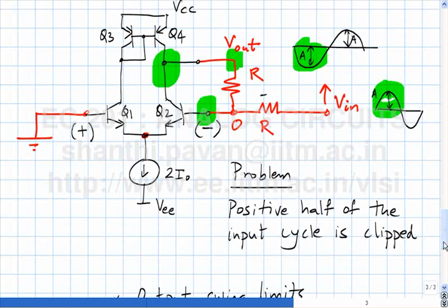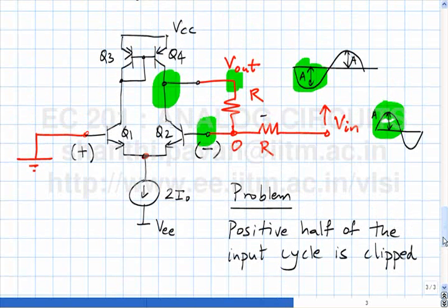The reason why the positive half of the input cycle is clipped is because if the op-amp is working properly, these two potentials are virtually the same. In other words, the bases of these two differential pairs are at some common mode voltage, which in this case happens to be ground.